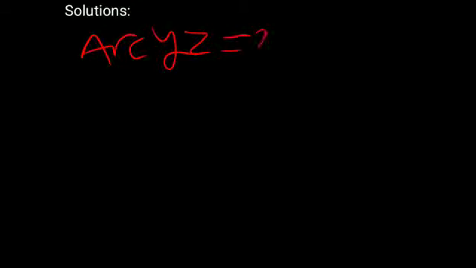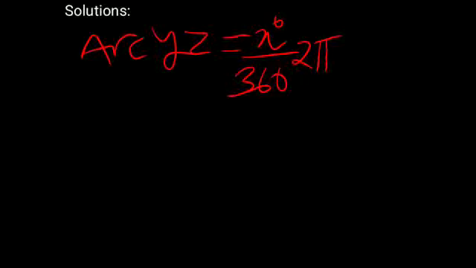We are going to say our arc YZ is equal to x degrees over 360 degrees times 2 pi r cos x degrees.